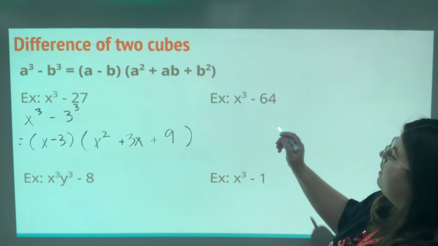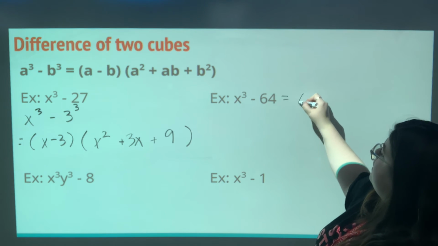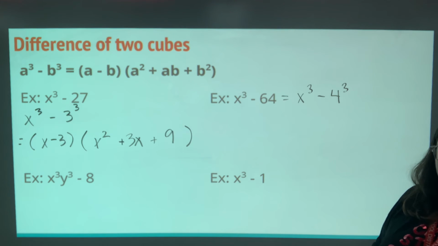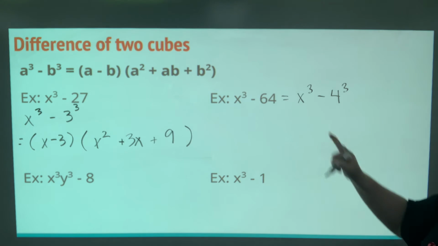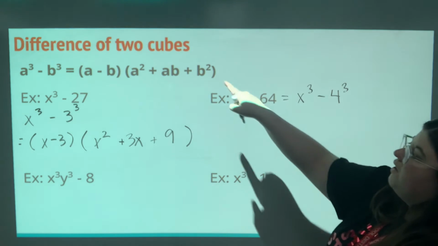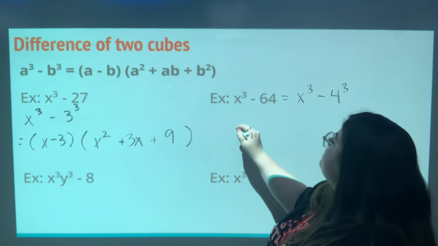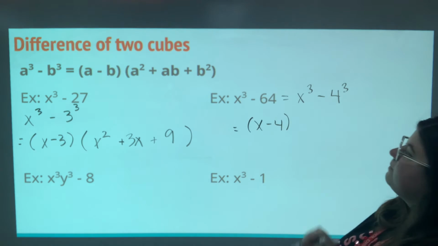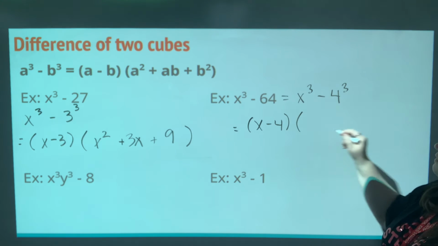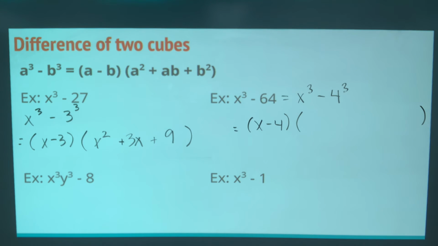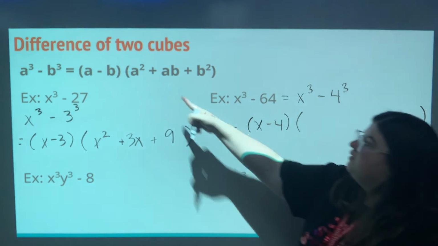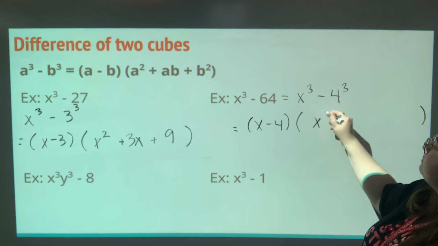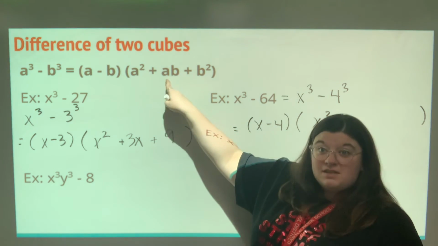This one, I recognize that this could be written as x cubed minus 4 cubed. All right, and hey, let's just take this, follow our example. So it's going to factor out to be x minus 4 multiplied by, again, a giant second polynomial where we have the first thing squared, so x squared plus the 2 things multiplied together, right?